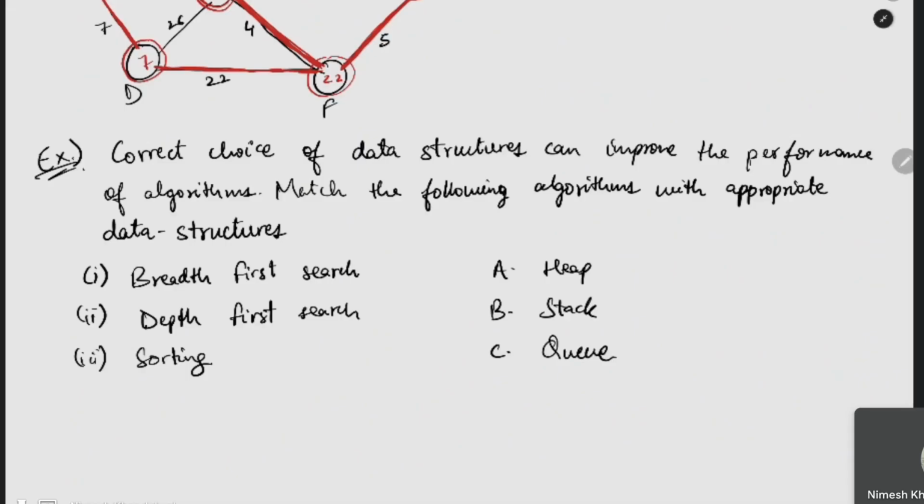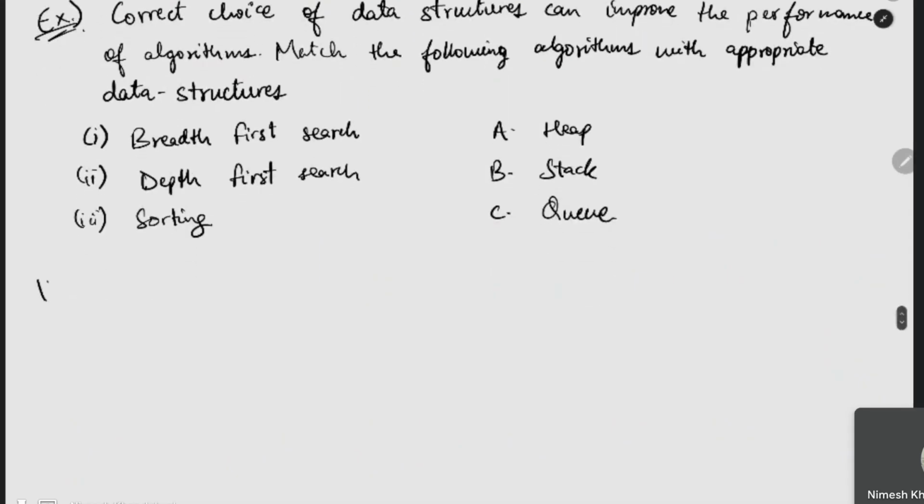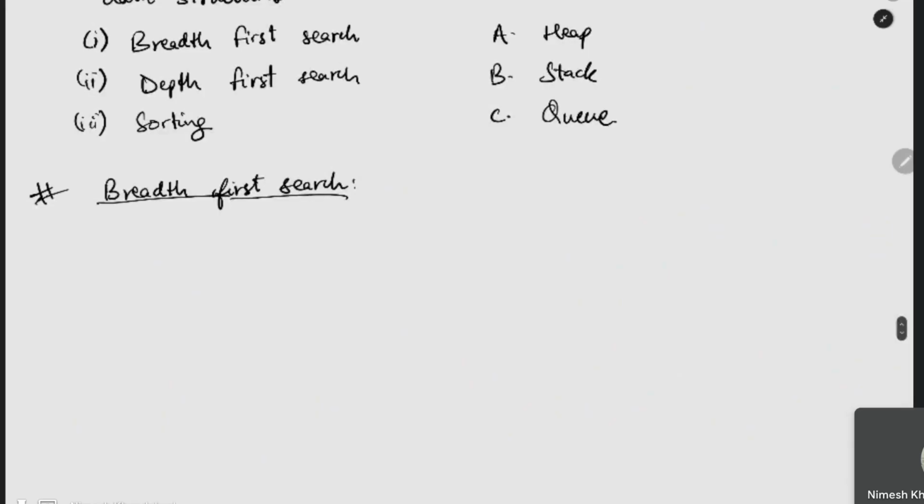So for breadth first search, what we end up doing is we first search all the elements at a particular level within a graph.